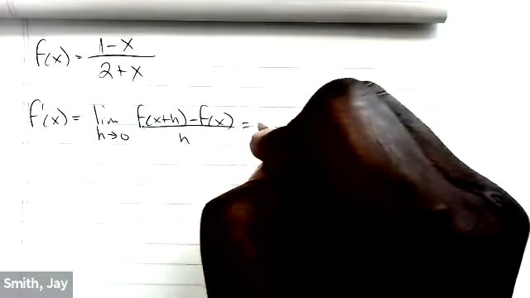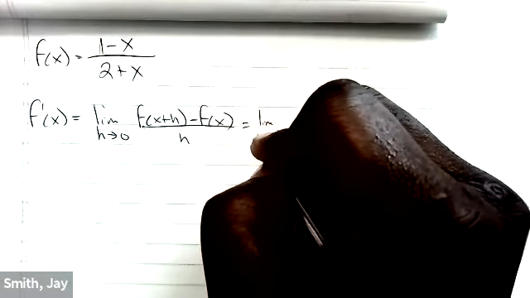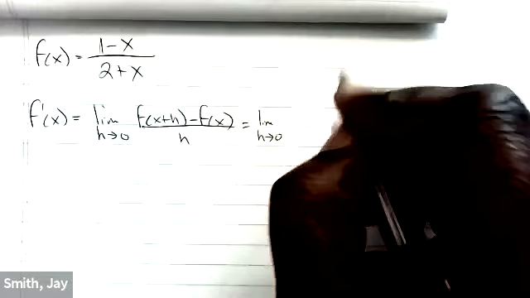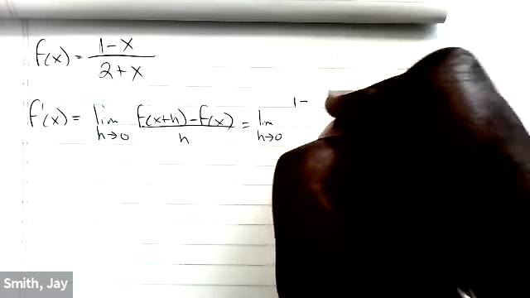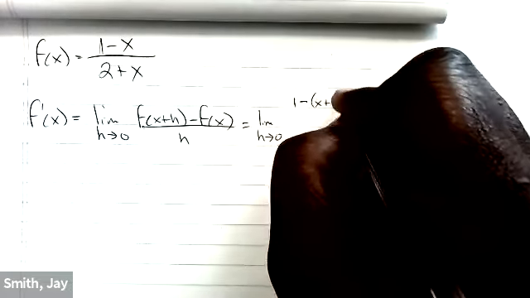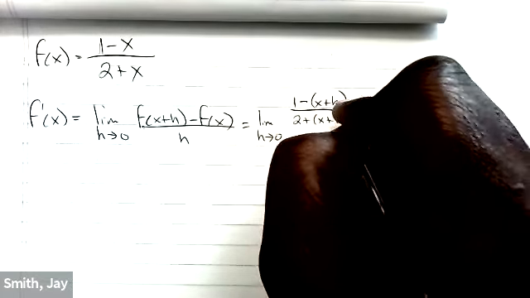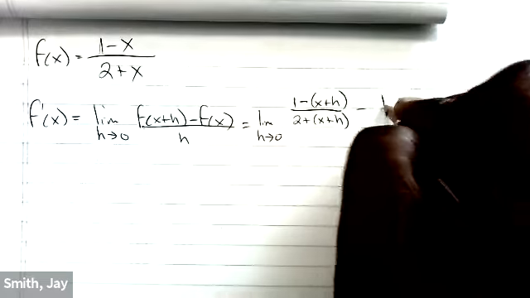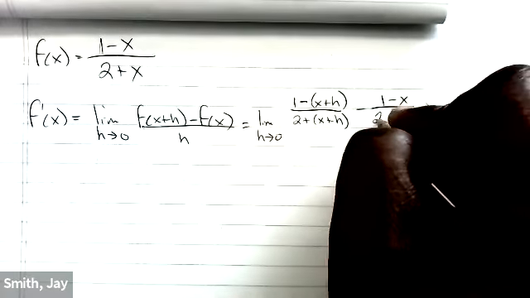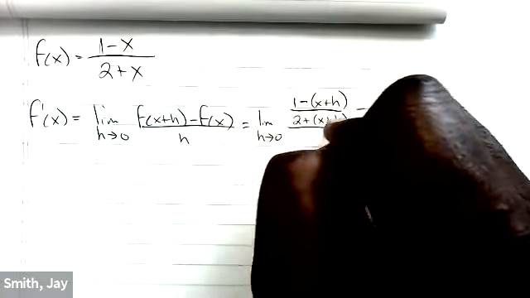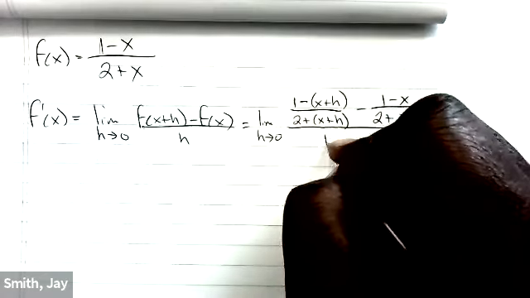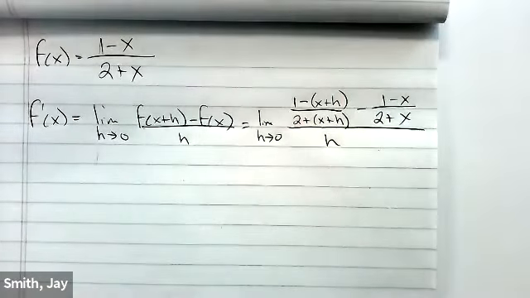All right, so in this case, we will be evaluating the limit as h approaches 0 of 1 minus x plus h over 2 plus x plus h, minus 1 minus x over 2 plus x, and all of this is being divided by h.